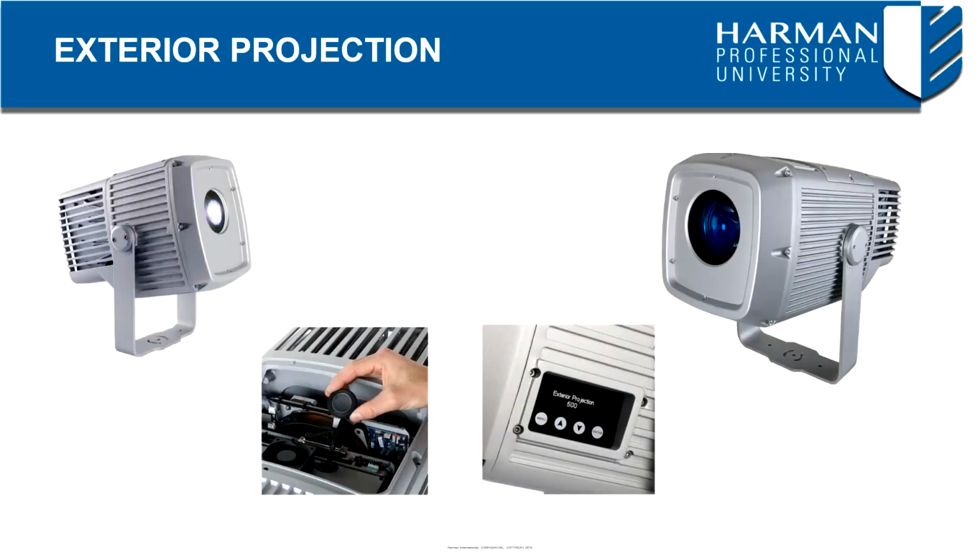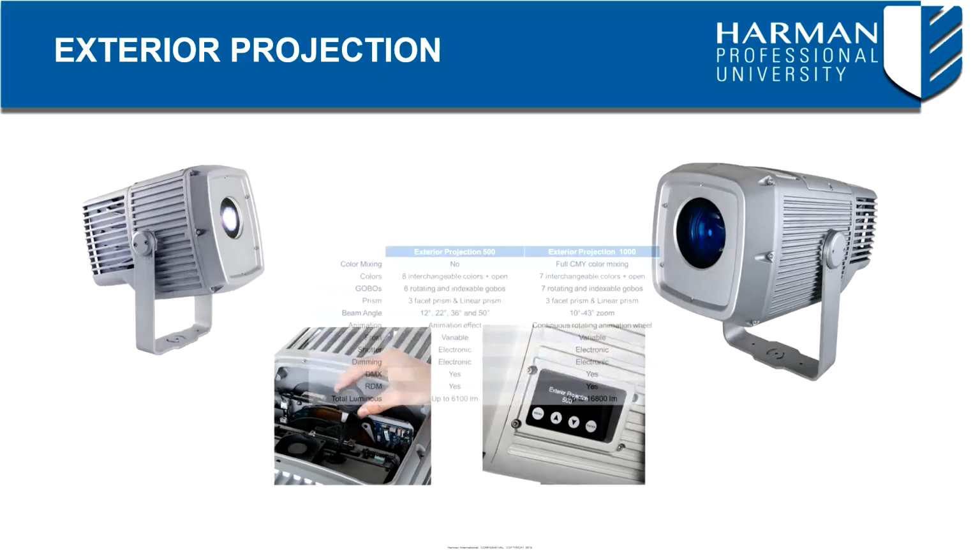The exterior projection can be controlled using any controller that is compatible with the industry standard DMX 512 lighting control protocol. Both models are flat field, high contrast image projection based on a high power LED engine.